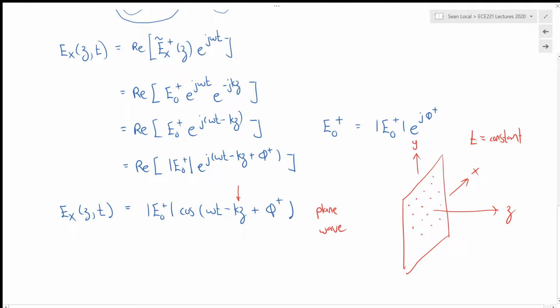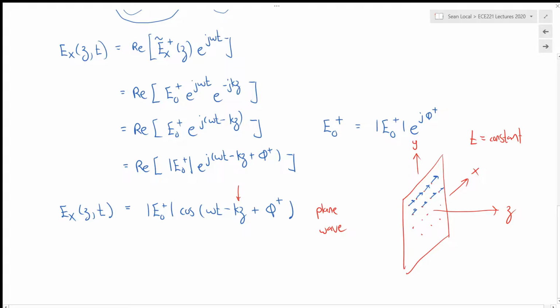So if I was to draw little vectors on here, everywhere I sample along this plane, the electric field is pointed in the x direction, and the length of those vectors are all the same. The actual length would depend on what the value of omega t, kz, and phi plus happen to be at that point in time. So this is a plane wave.